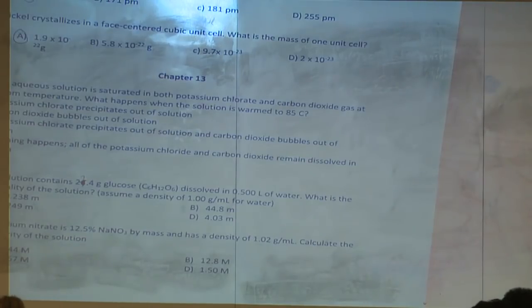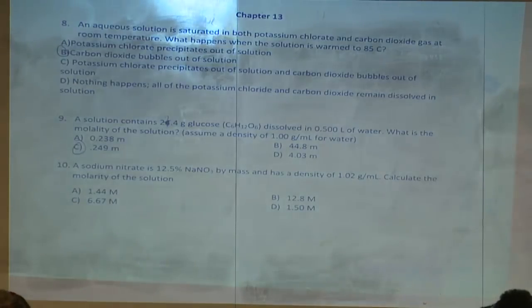Now we're going to go on to 10. So this one, I gave you the percent of sodium nitrate and the density of it, and we're going to find the molarity of it in the solution.